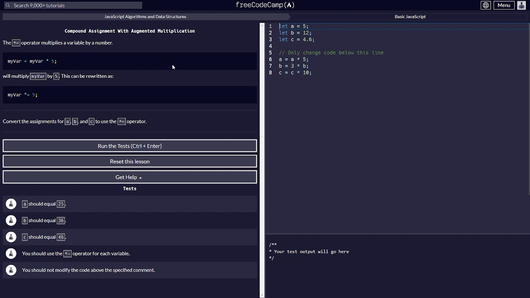Compound assignment with augmented multiplication. The star equal operator multiplies a variable by a number. Will multiply my var by 5. This can be rewritten as my var times equals 5. Convert the assignments. Okay, so this is times, and times, and then we want to delete this and leave a space.